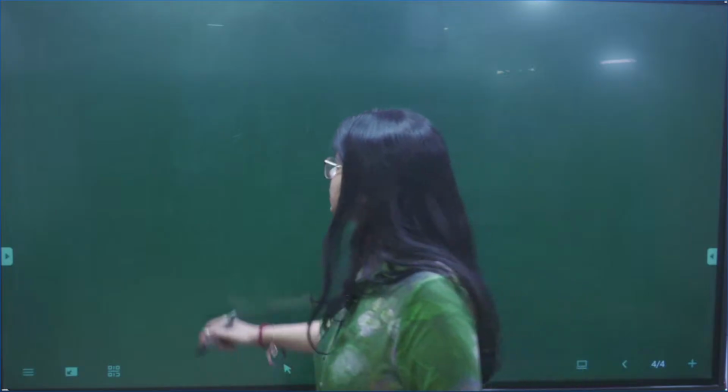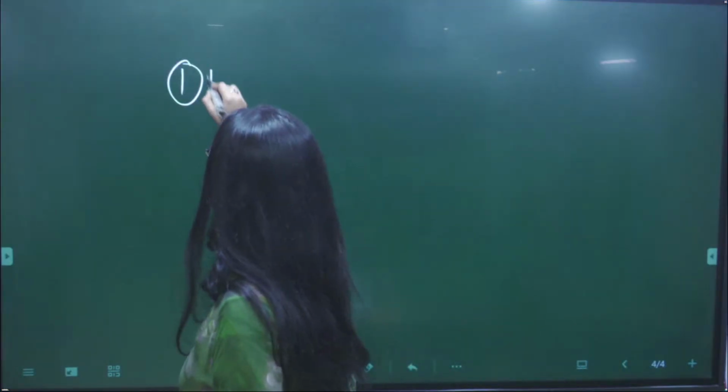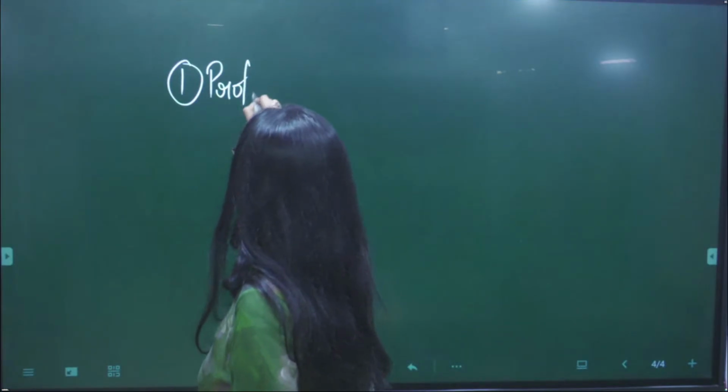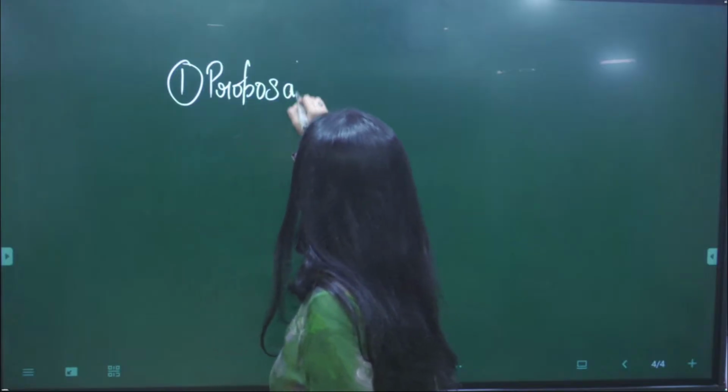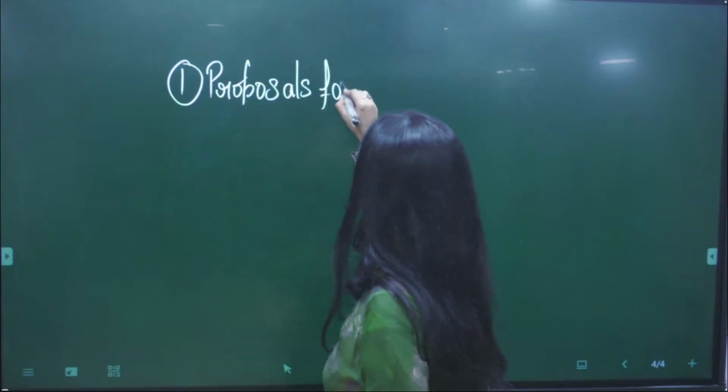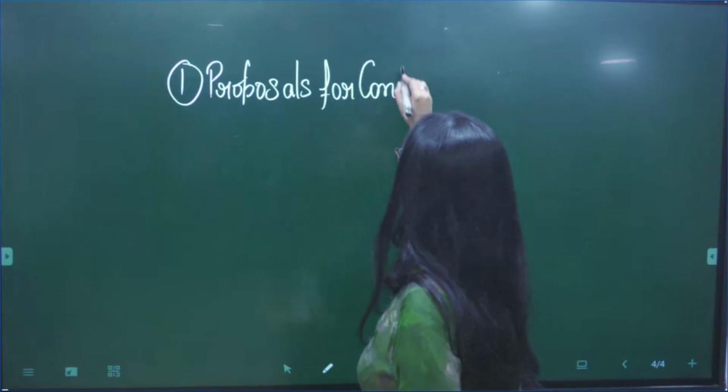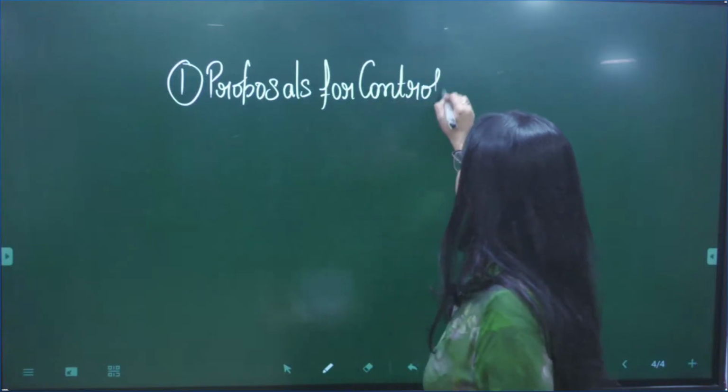Next, write down, from this point of view, he made proposals for controlling population growth.